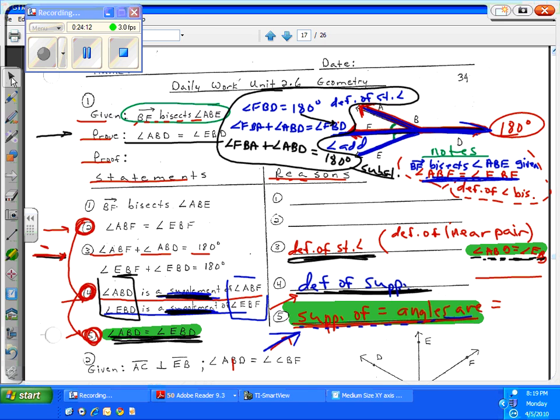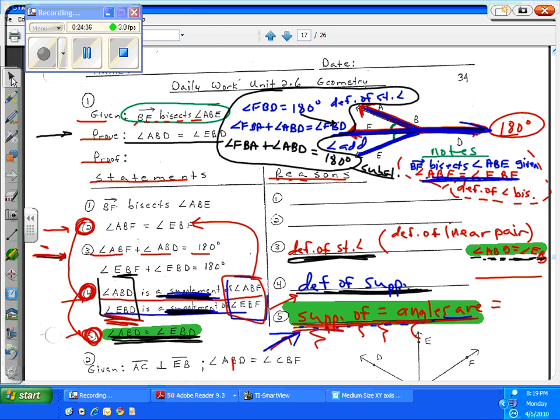Now, we needed this statement right here to connect with this statement so that we could make this conclusion. Because we made the reason supplements of equal angles are equal. Well, the angles that these are supplements of are these two.